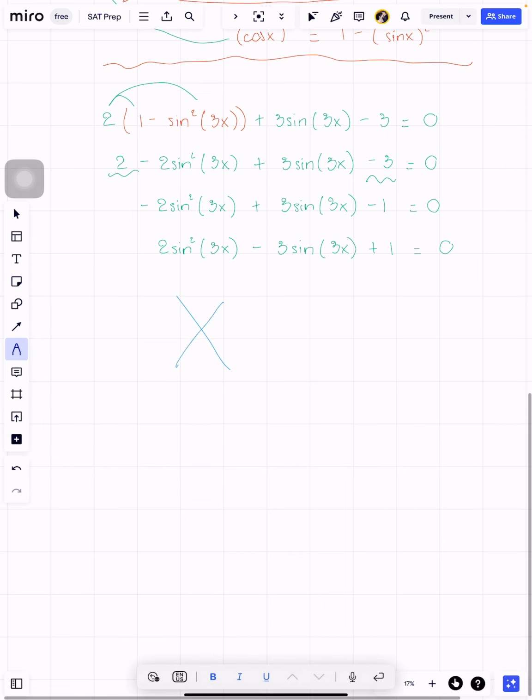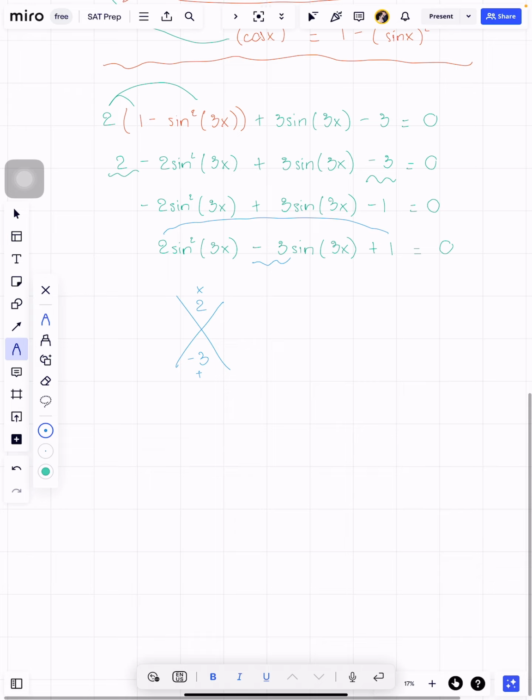In order to perform the x method, first of all, I want you to multiply the a and c numbers together, meaning you're going to grab the first number, the front number, and the back number, and multiply them together. 2 times 1, you're going to get a positive 2 up here. The middle number here is negative 3. I'm going to write it down here, and you're going to ask yourself, what are the two numbers that multiply to positive 2, and at the same time add up to a negative 3, right?